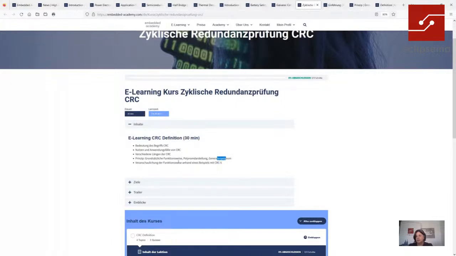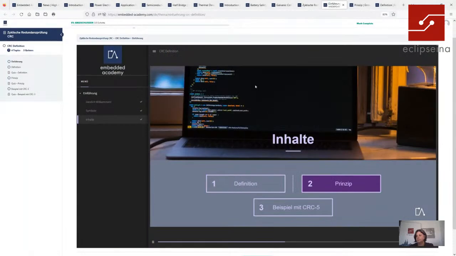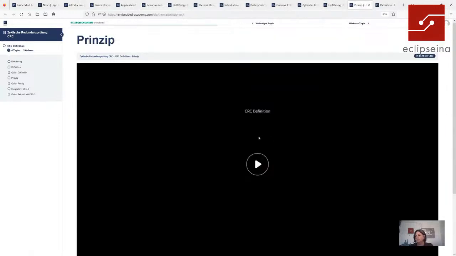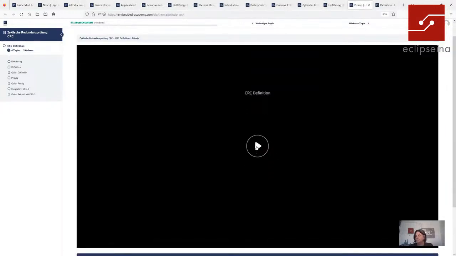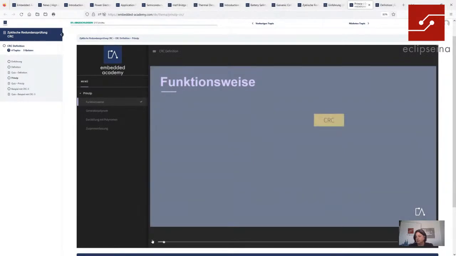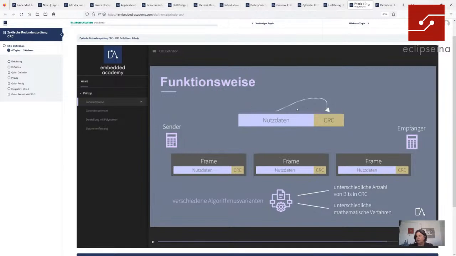And then there is an example showing a CRC5, so that you really have an example of how the CRC is working. The problem is that this is in German. So this is how it's working.